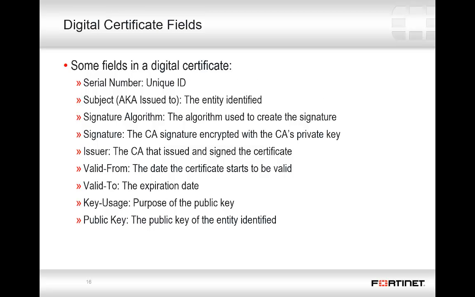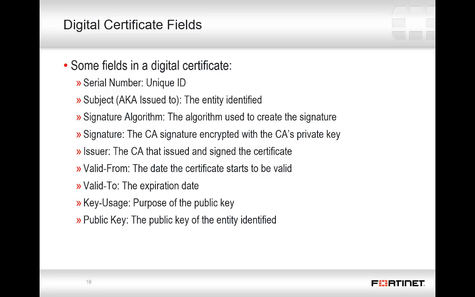As I said, the certificate includes information about the entity, but it also contains information about the CA that signed the certificate. These are the most important fields that any certificate has. There is a serial number that is unique to each certificate signed by the same CA. In the case of a user certificate, the subject contains the user's login name.